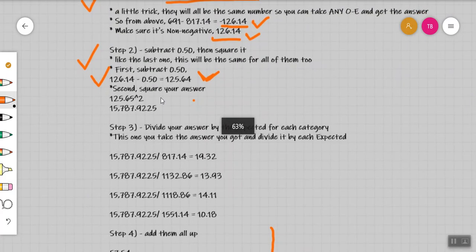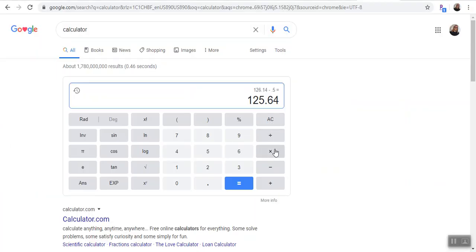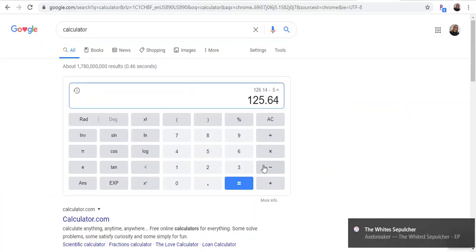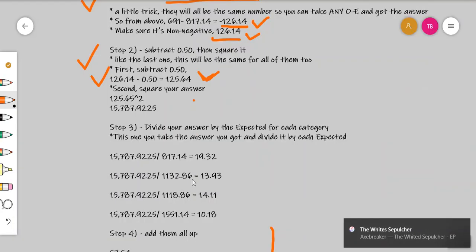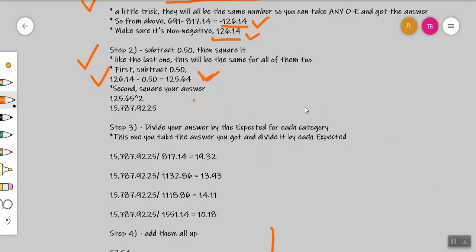Then you're going to square your answer. 125.64 times 125.64 equals 15,785.4096.